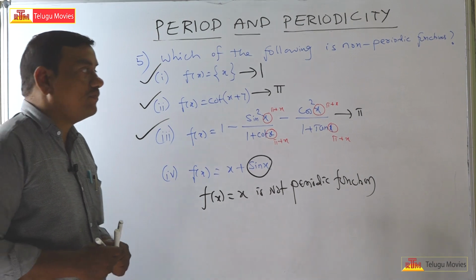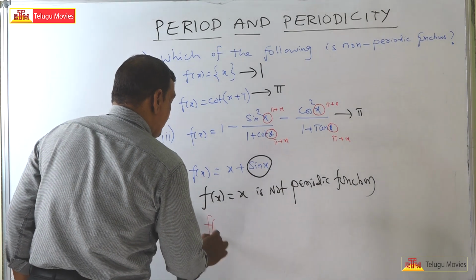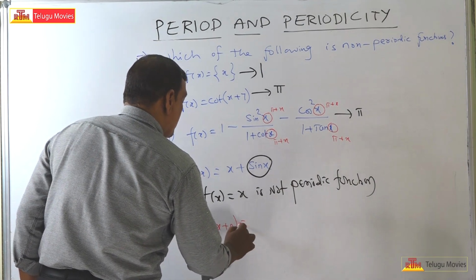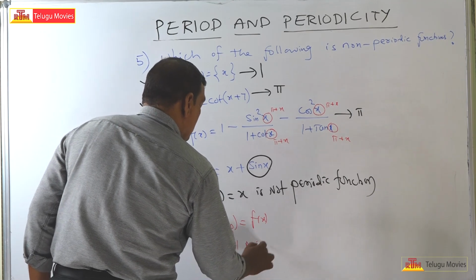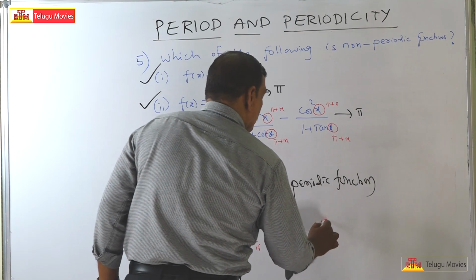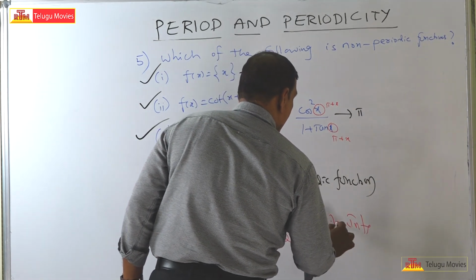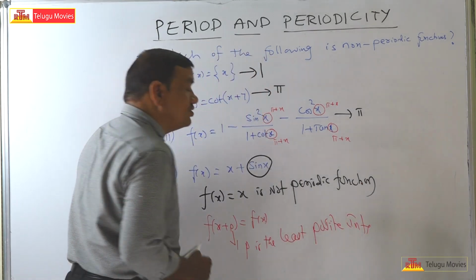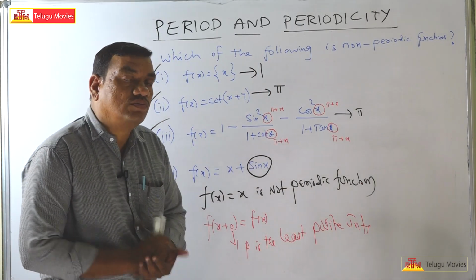Why? Because what is the definition here? f of x plus p is equal to f of x, where p is the least positive real number, not integer.